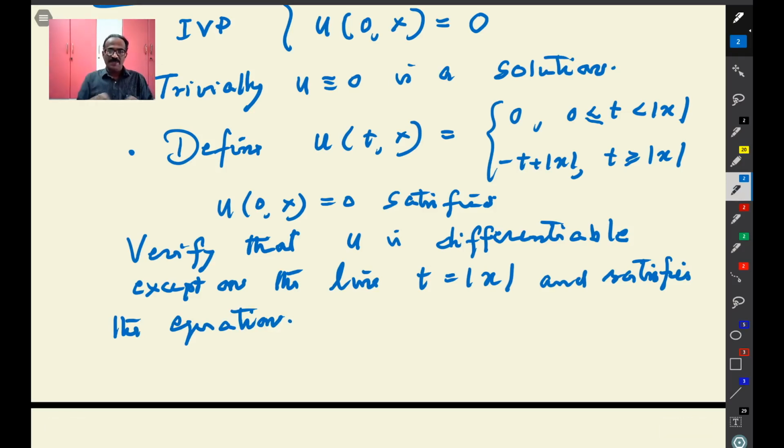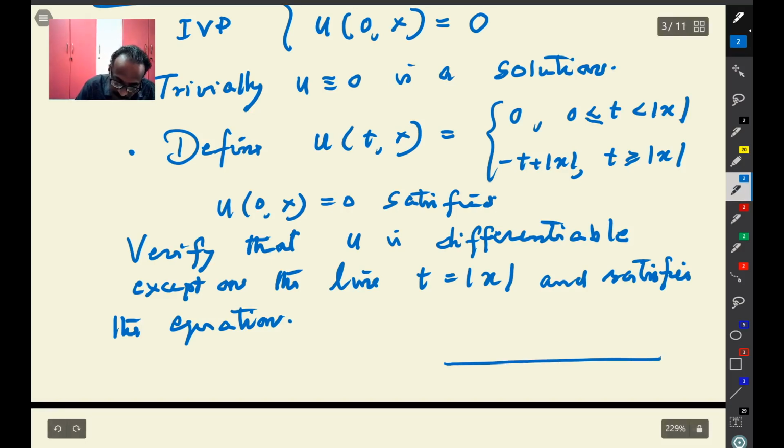So it's a two-dimensional t and x problem. So you are studying this problem here. Well, this is your x and t positive. You are defining something, so you get the line t equal to modulus x. So you have your solution 0 here.